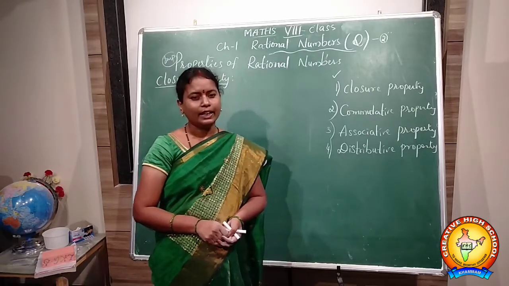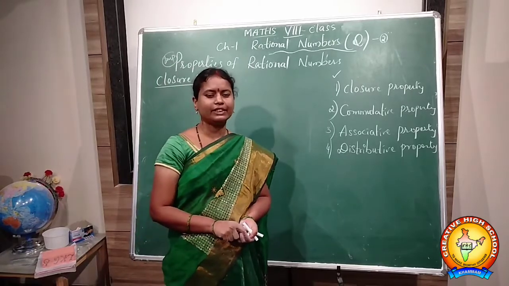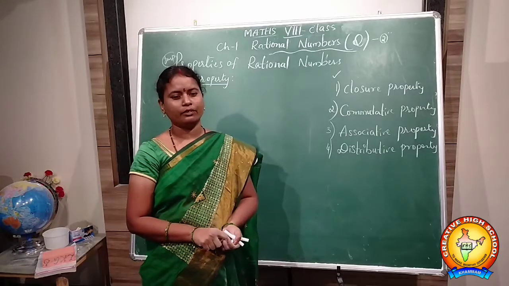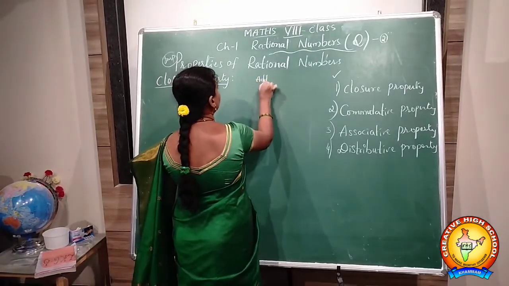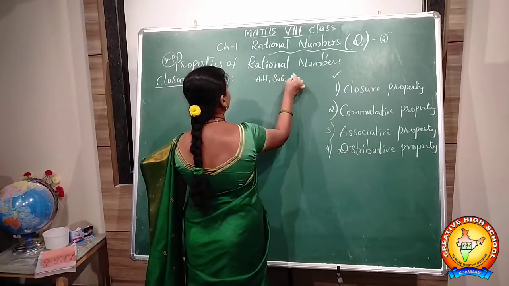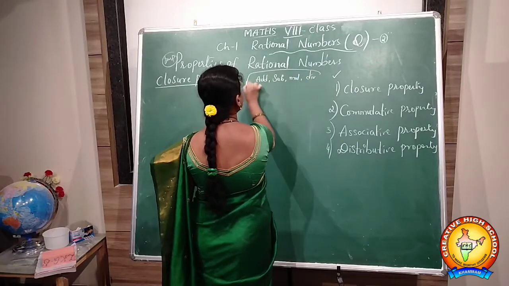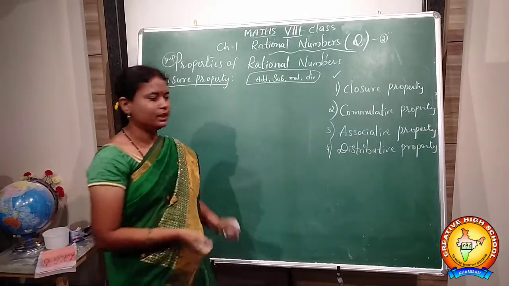That is addition, subtraction, multiplication and division. These four are called the basic operations of the numbers.